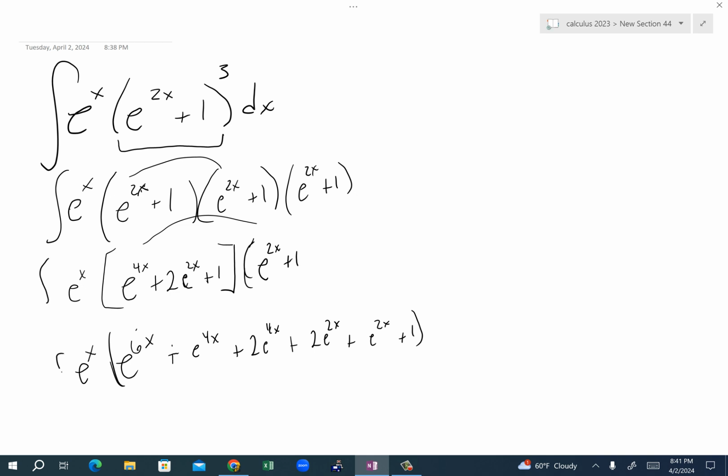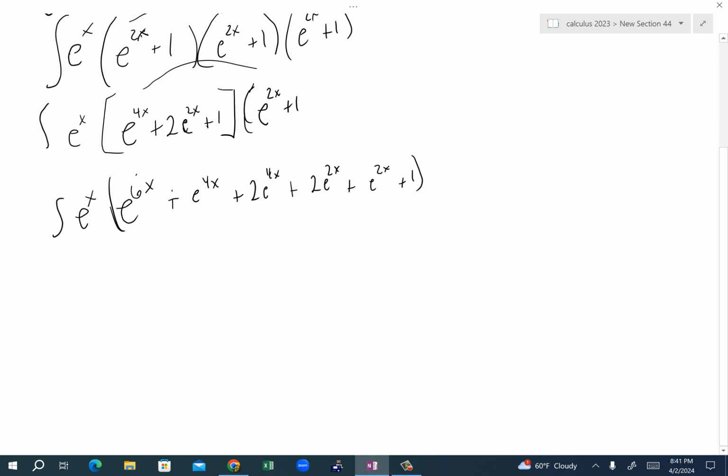Now all I'm doing is just FOILing because it's making my life easier. Now a whole lot I can do this problem. So it's going to be e to the 7x plus 3 e to the 5x plus 3 e to the 3x plus e to the x.